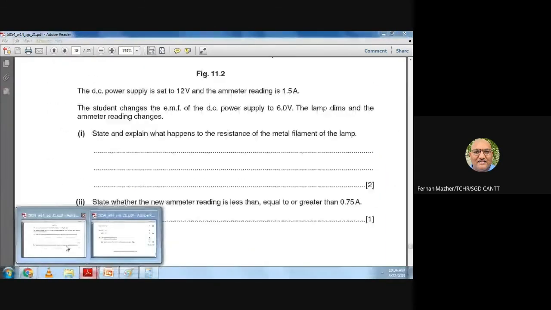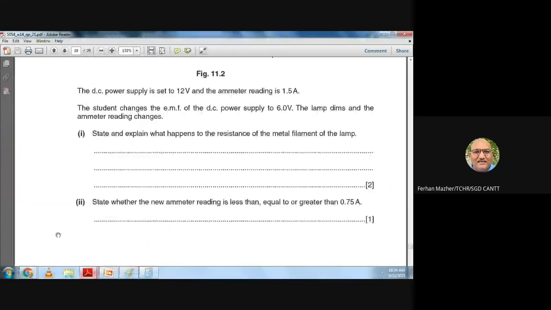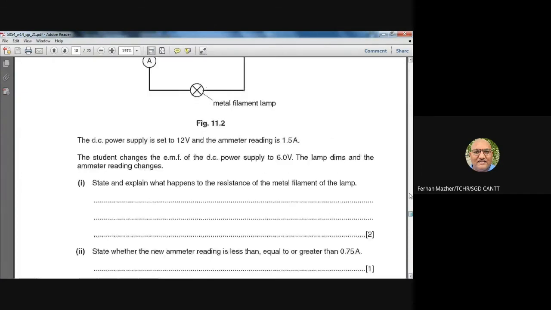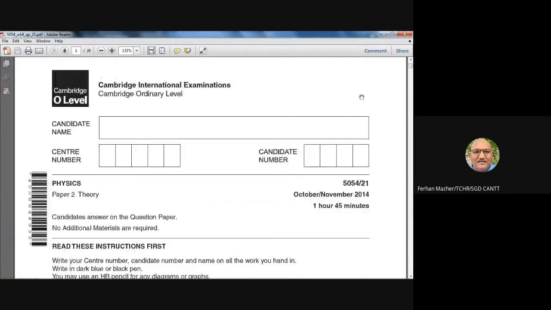So today we have worked on the October-November 2014 paper 2-1. It's a theory paper, we call it paper 2.